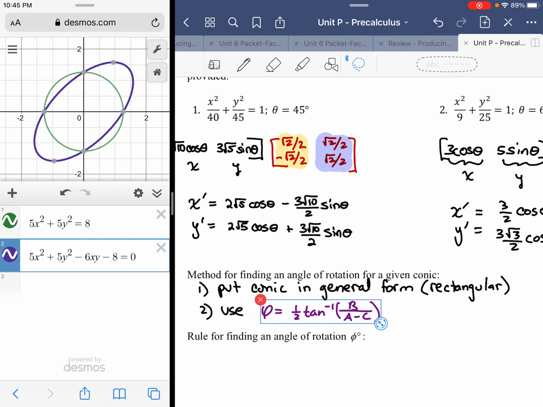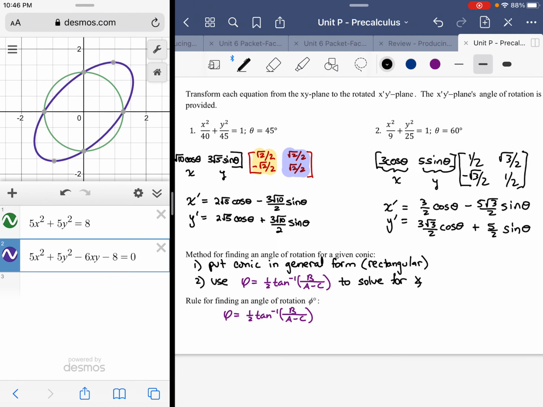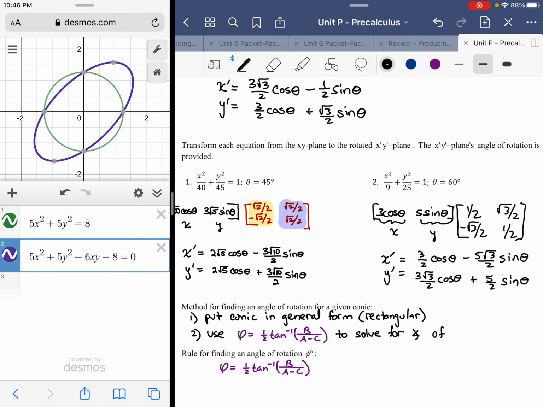Use this formula. All right, and so that actually is the rule to solve for the angle of rotation.